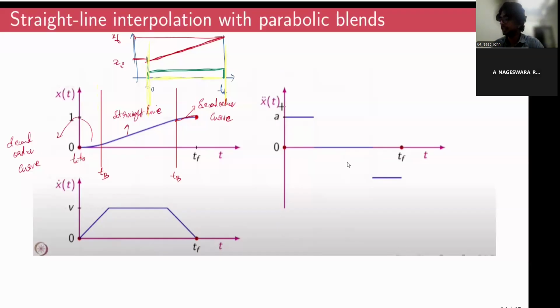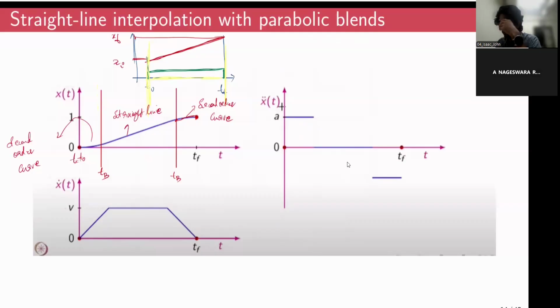So in that manner, straight line interpolation with parabolic blends is in some way better compared to straight line interpolation throughout, right? Because of that infinite acceleration and all those things. All those problems are somehow managed when we introduce these parabolic blends at the beginning of the trajectory and at the end of the trajectory.